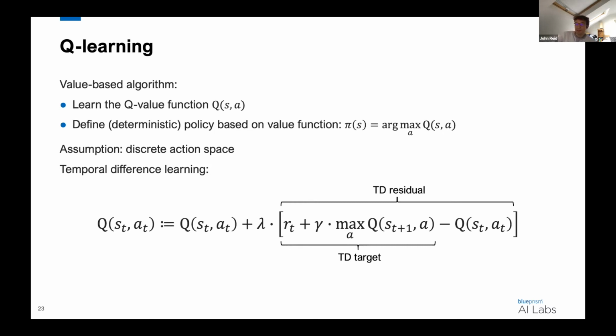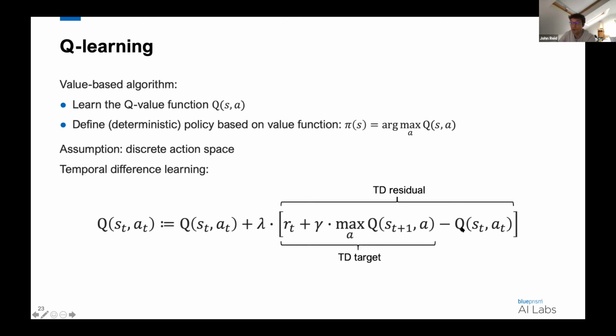So this forms this TD target component here. So we've got this RT, which is the current reward, and then we're going to discount our current estimate of the subsequent state. And we're going to argue that given the current reward, this is a good estimate for the value of our current state. However, we shouldn't forget what we've already learned, which is already encoded in our Q value function.